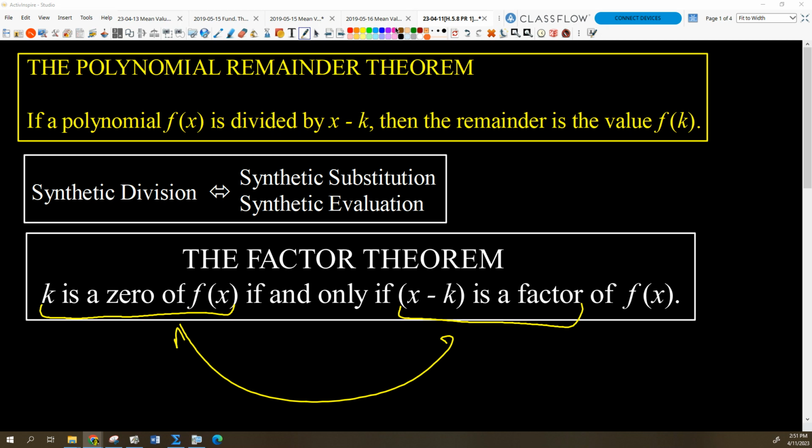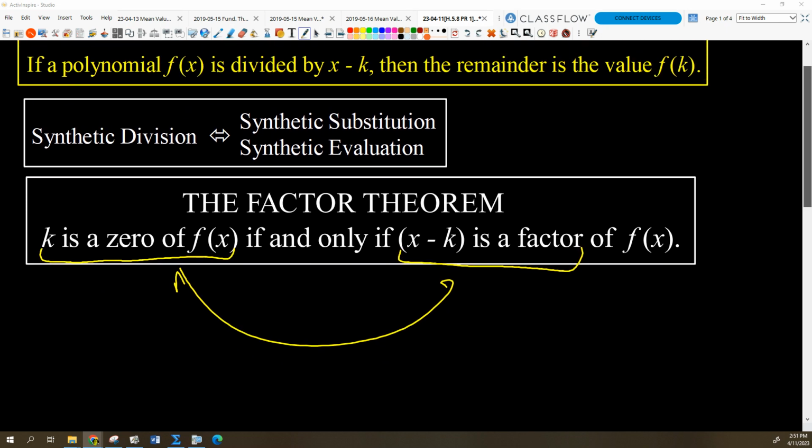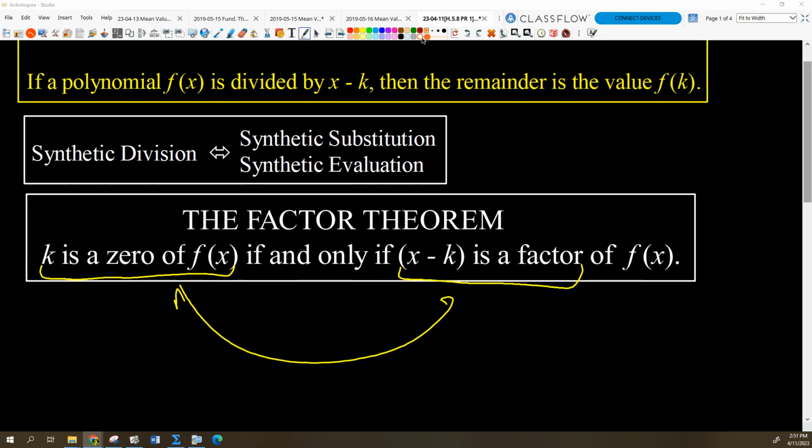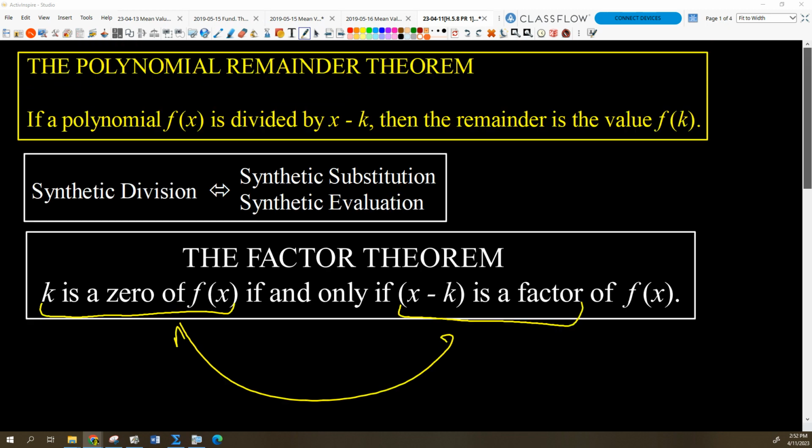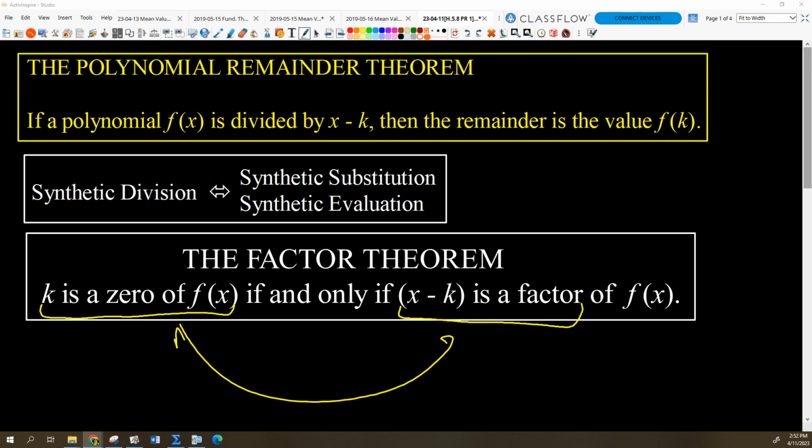But if we divide by x minus k, that means we would be doing something like synthetic division. That means we're going to be plugging in the zero of the denominator, the number that would go out in front. And then the remainder that we get out, which is pretty interesting and useful, is equal to f of k.